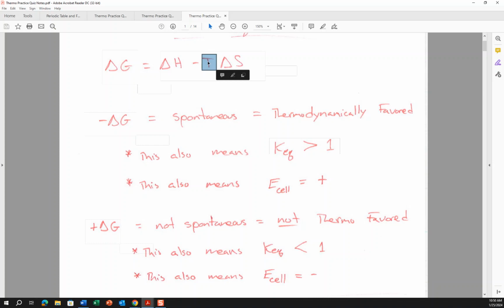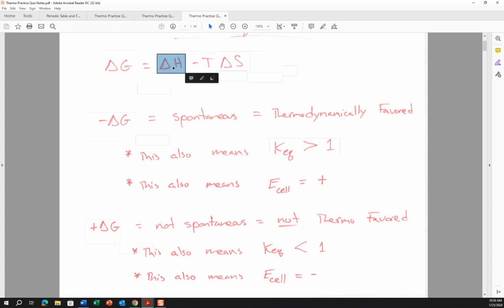So knowing that, if you have a negative delta H, so this value is negative, and you have a positive delta S, that means this value is positive. If your reaction has a negative delta H and a positive delta S, it doesn't matter what you plug in for the temperature value on the Kelvin scale, which is always a positive value.